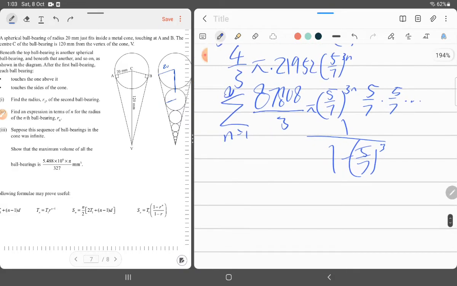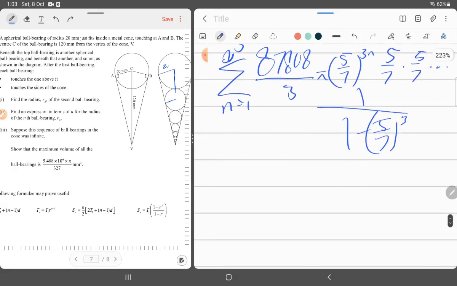That seems right. Just so 87808 over 3 pi times 1 over 1 take away 5 over 7 cubed.